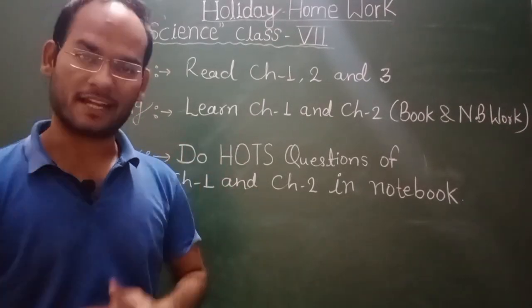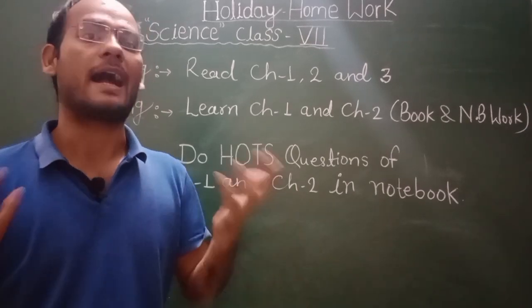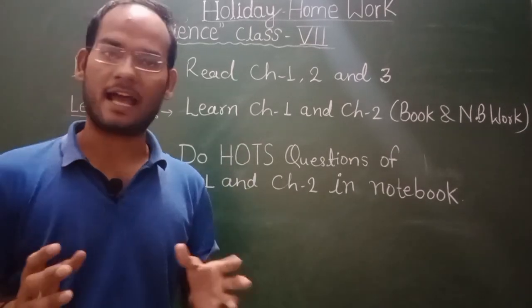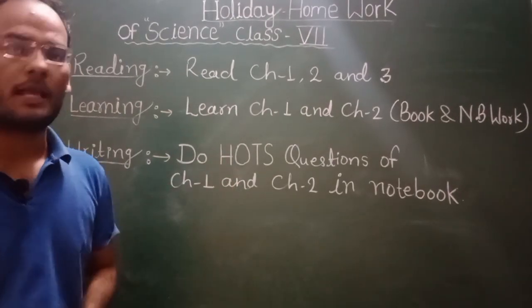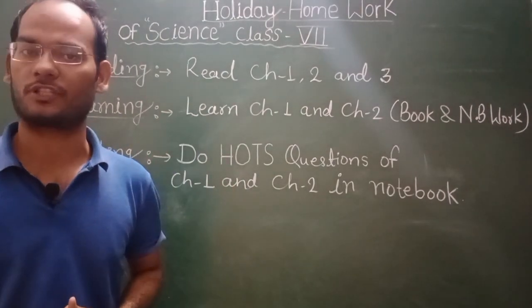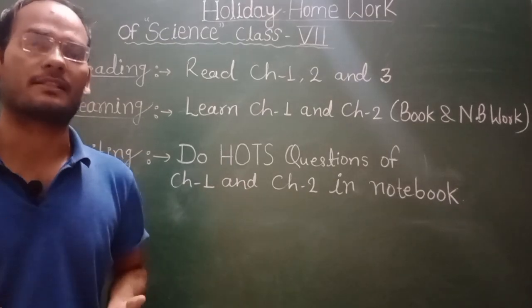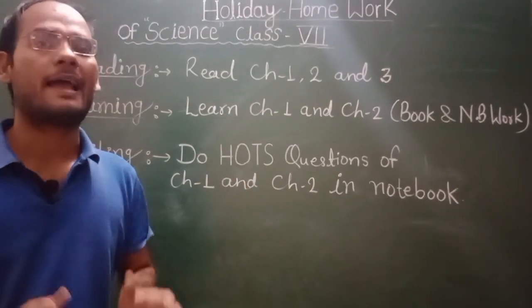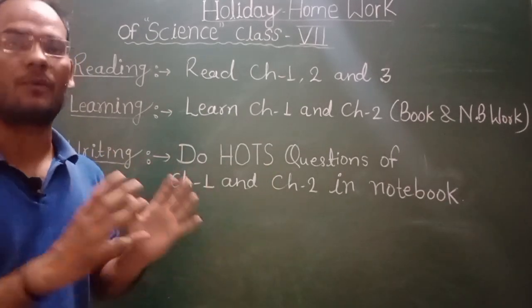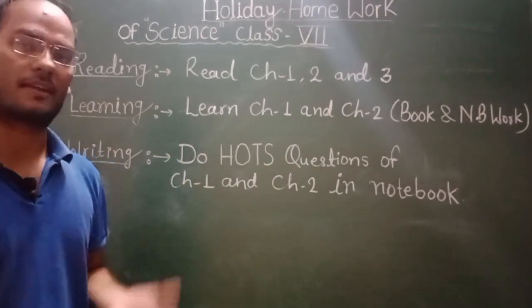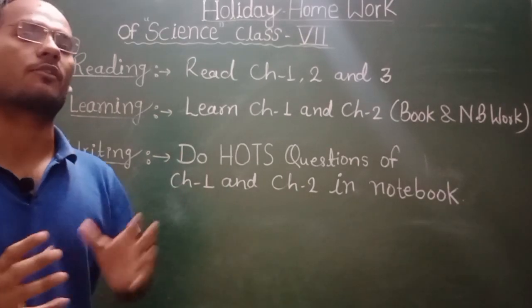First, read the chapter carefully, understand the chapter, and then read these questions and think about them. Then write the answer first in a rough notebook and check your answer, that it is correct and the language is correct. Then you can write your answer in your fair notebook.